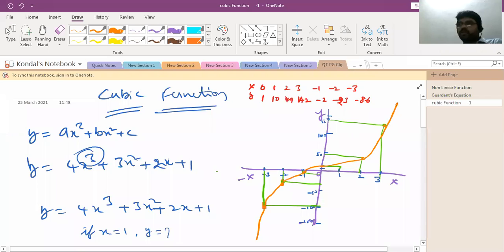Then you can write here. Have you got it? So we may get a perfect one, because I'm not able to draw perfectly on the digital pad.